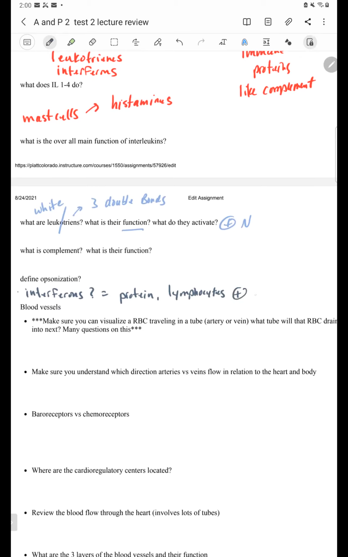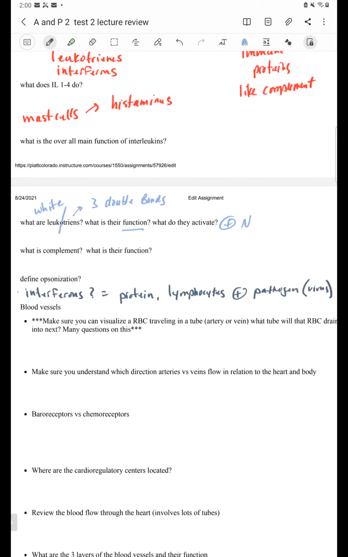It's activated because of an antigen or a pathogen, like a virus, for example. Bacteria, parasite, tumor cells. Anything in that family will activate the interferons.